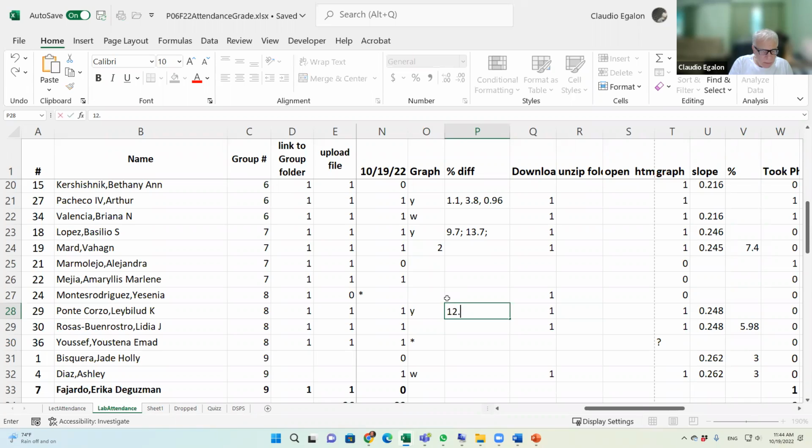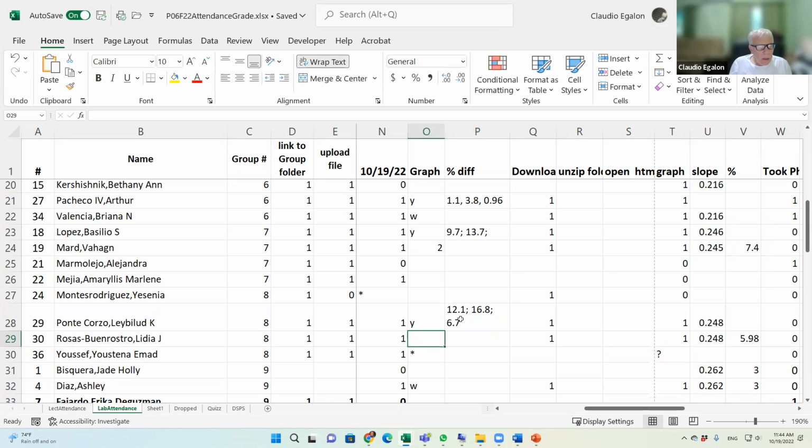Then 12.1 you said? Yes. And the intercept is 16.78. Okay, 16.8. And what about the other one? The other one is 6.7. You said 6.1? No, 6.7. Oh, 6.7.